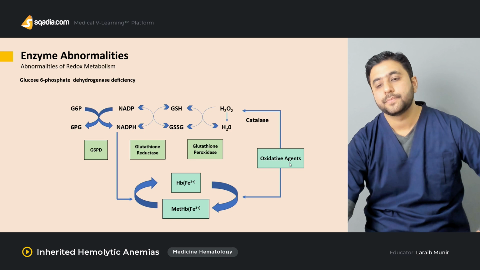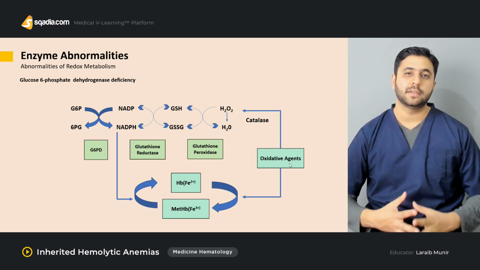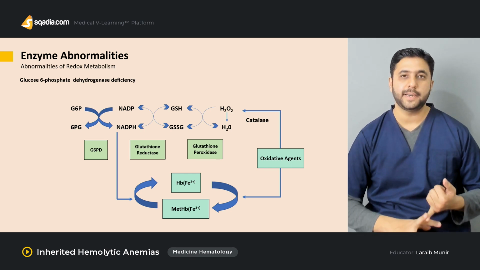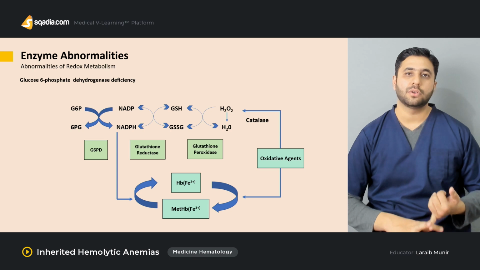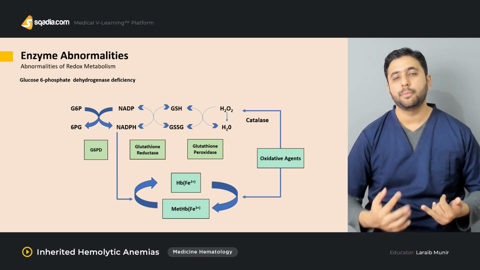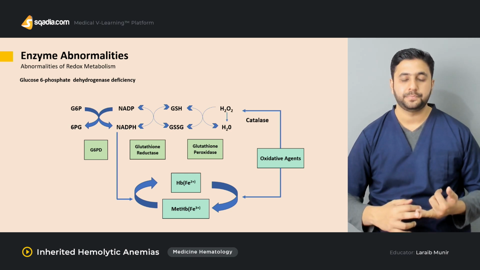What are the significant factors that can lead to problems in patients with G6PD? First, G6PD is an X-linked recessive disorder. So it is primarily evident in the boys, in the male population. And for females to have this problem, they have to be homozygous.